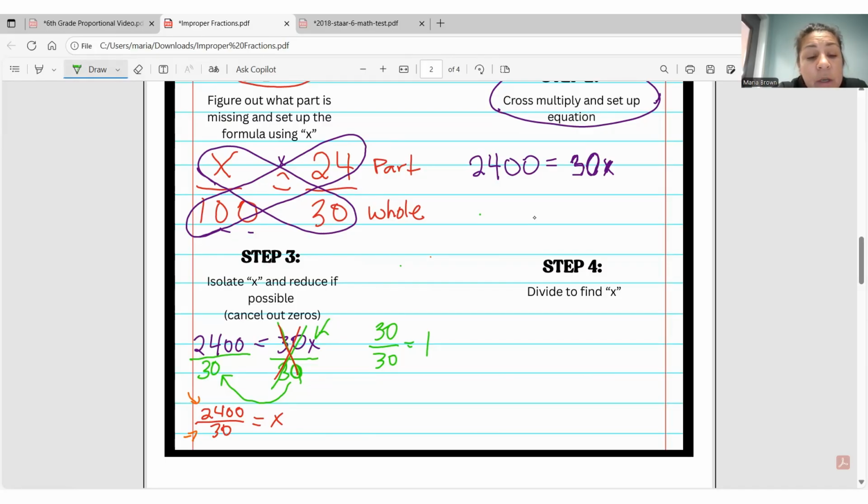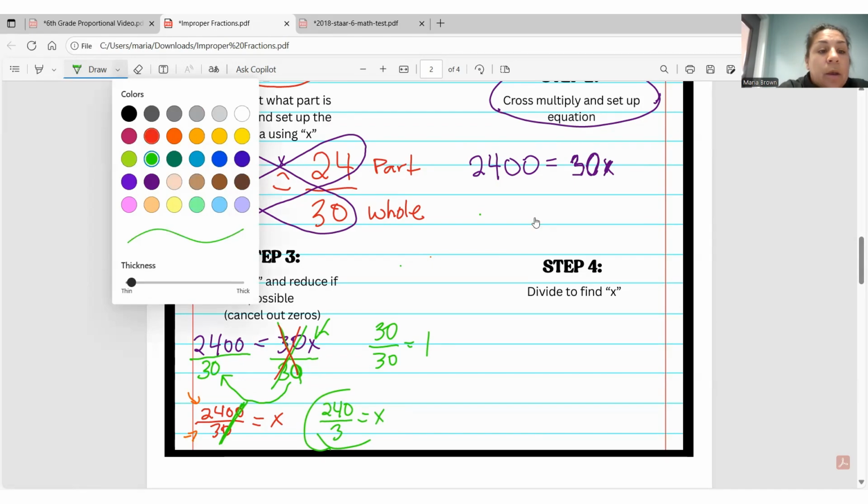So we can cross out these two zeros here, because 2,400 divided by 10 equals 240, and 30 divided by 10 equals 3. So an easy way to do it is just to cross out these zeros. So now I have 240 divided by 3 equals x. And this is what I'm going to be solving for today.